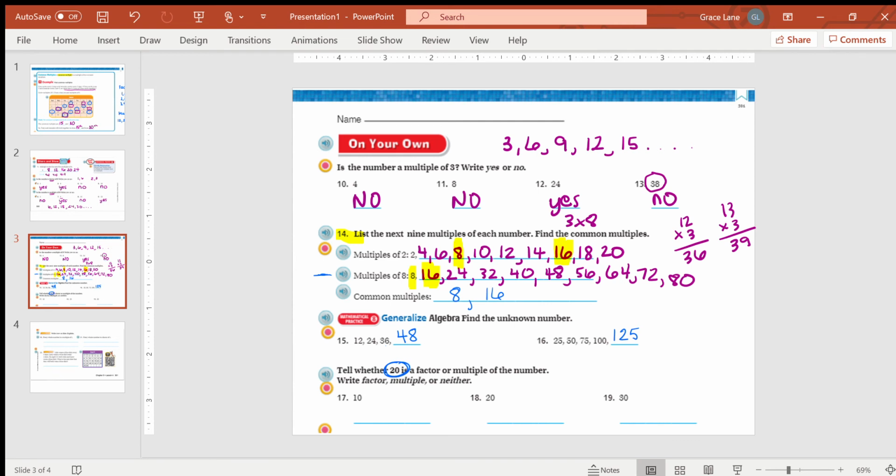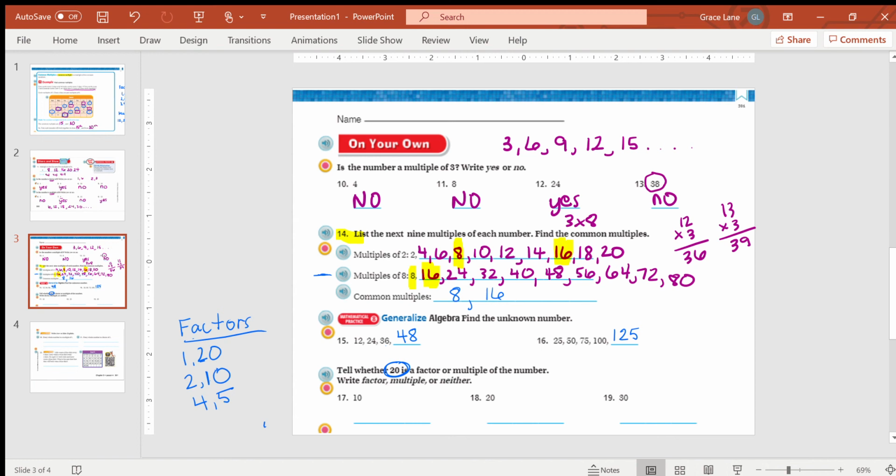Off to the side, as a little hint to myself, I'm going to write factors: the numbers that when you multiply them together, they equal 20. 1 times 20 would give me 20. 2 times 10 would give me 20. And 4 times 5 would give me 20. Those are the factors.